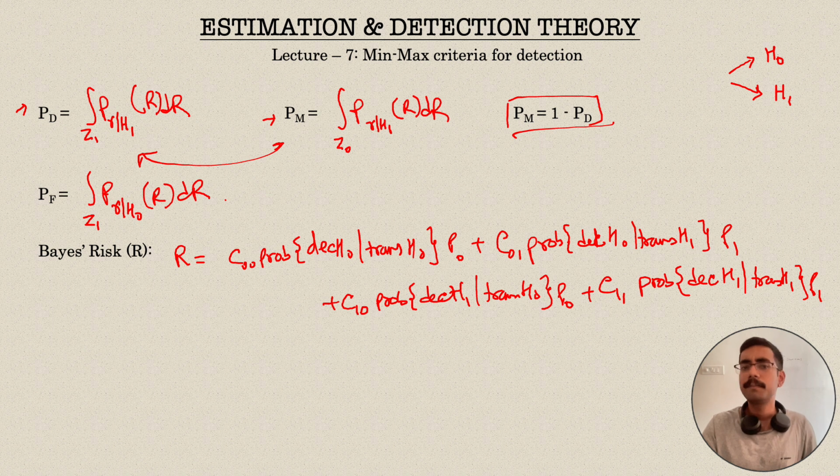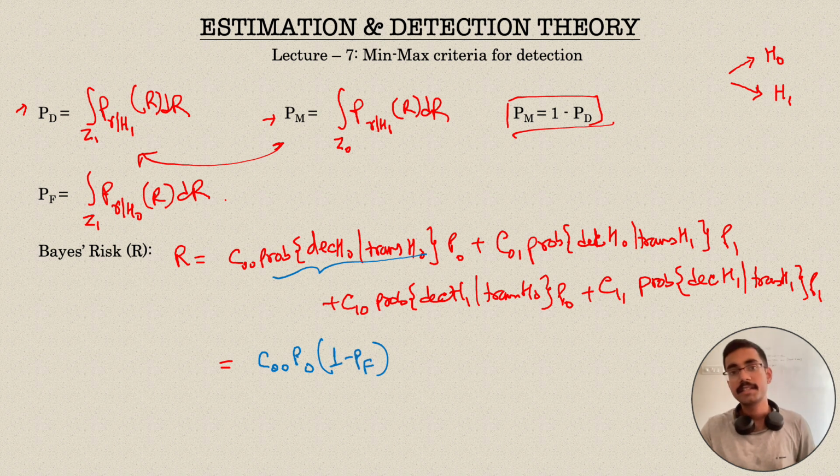Now let us replace it, because we are not explicitly dealing with the integral, it's not necessary. So let us write it by C00 P0, and let us write this entire expression by 1 minus PF. Yeah, 1 minus PF.